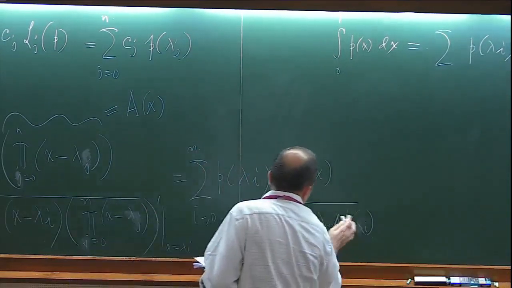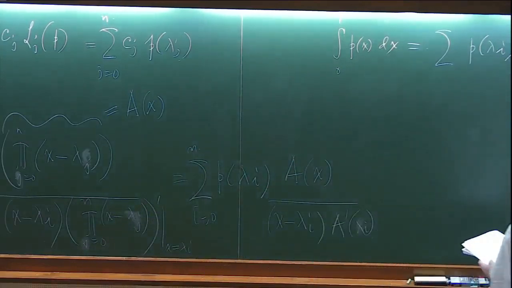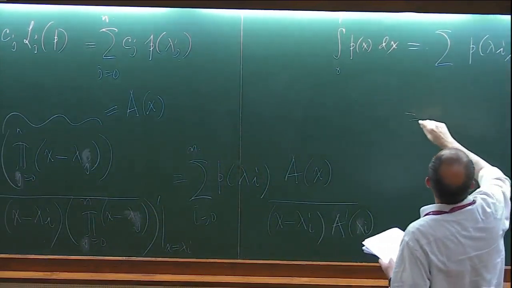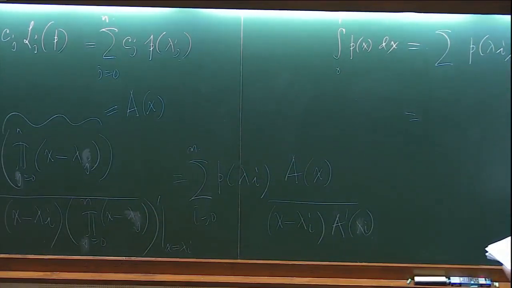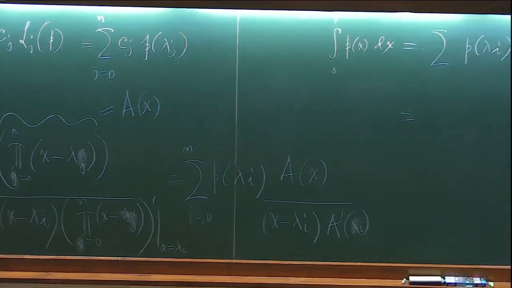So this is A prime at lambda i, 0 to 1. All right? So these are my coefficients here. And you can see that they don't depend on P at all. So independent of P.